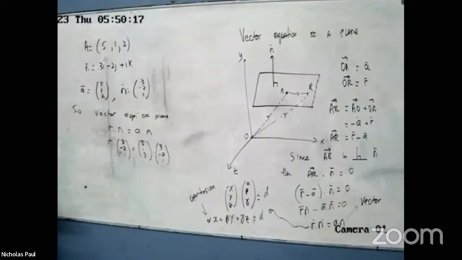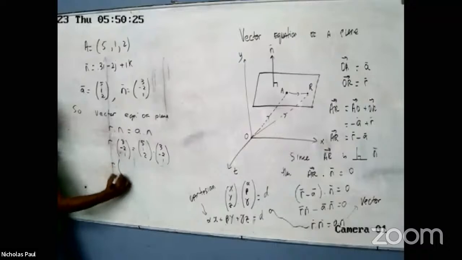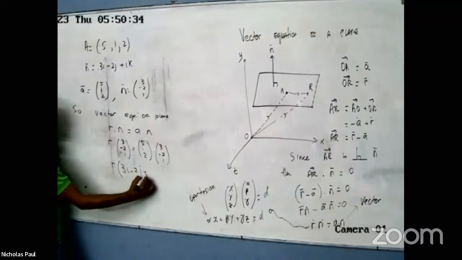Okay with that? So you just plug it into this formula. The vector form will stay like this: r dot 3i minus 2j plus k.